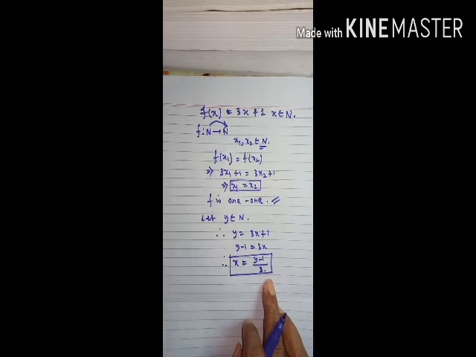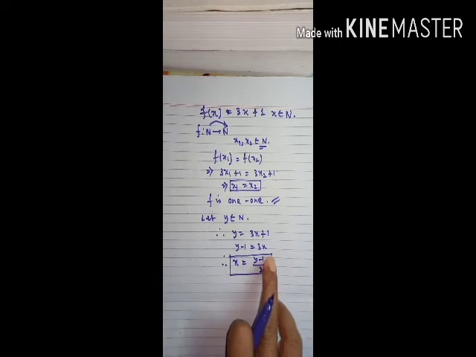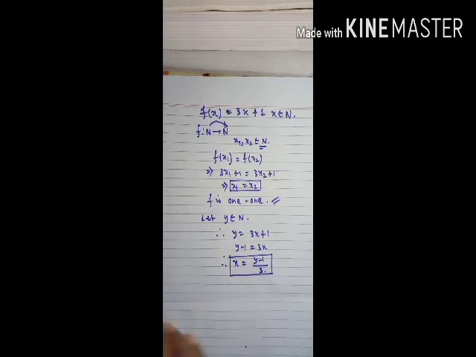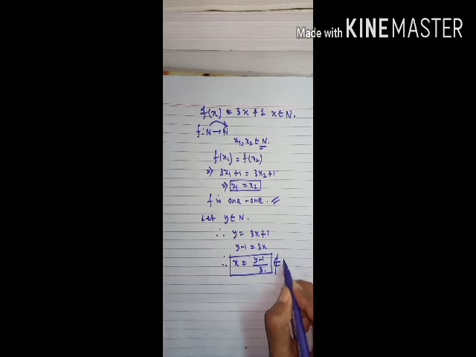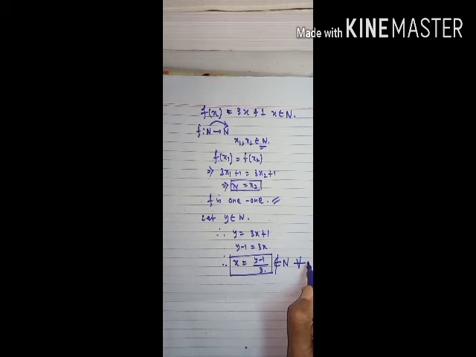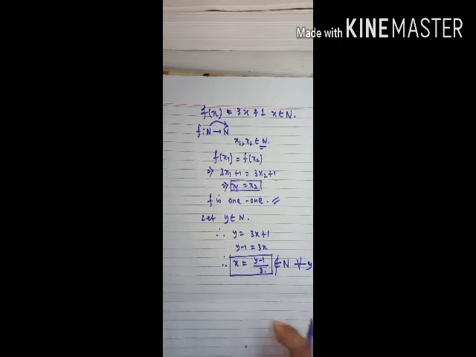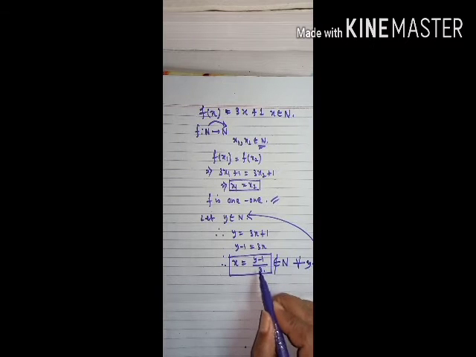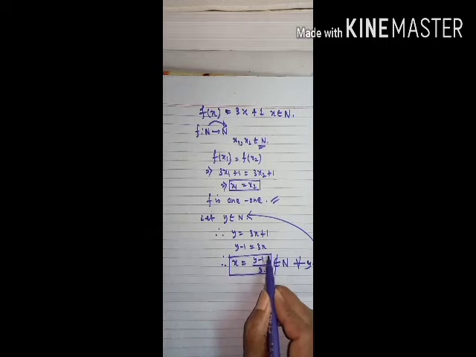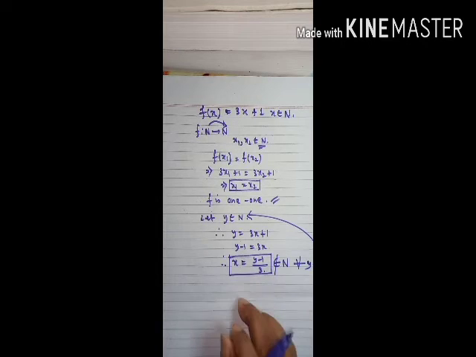We can't say this belongs to N for all y belongs to N. Here we are showing it for all values of y, so it will not be a natural number.